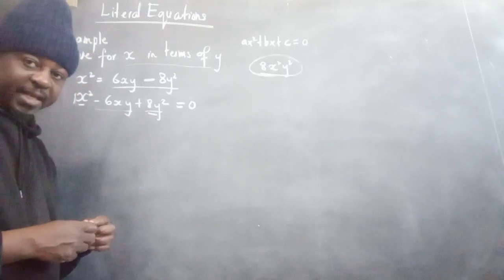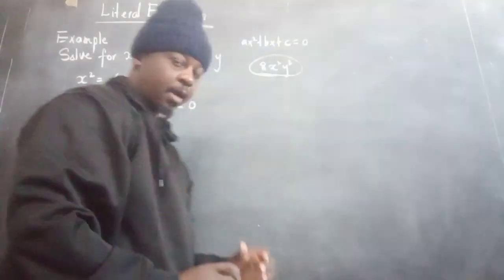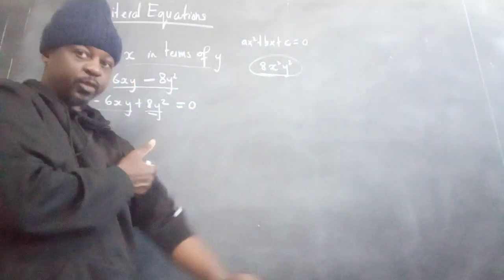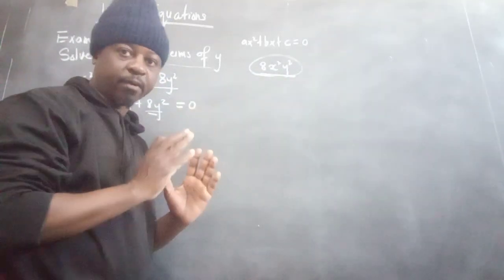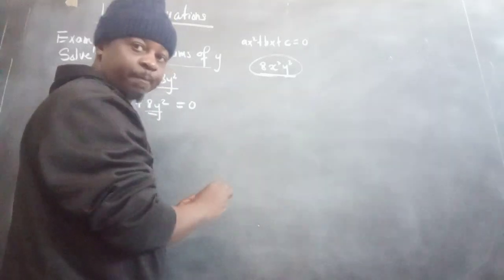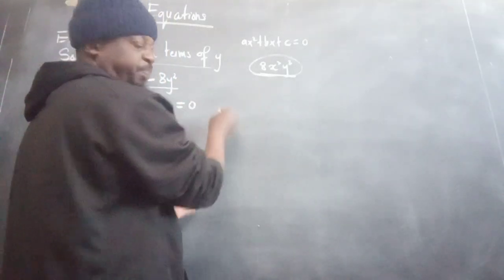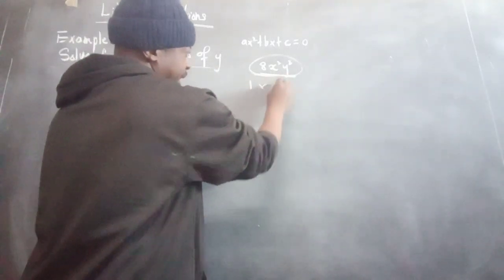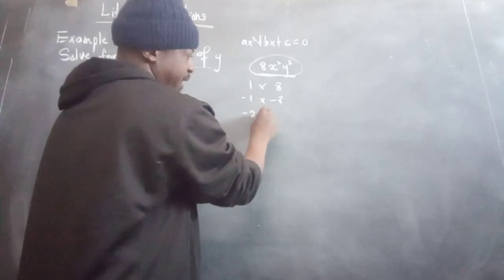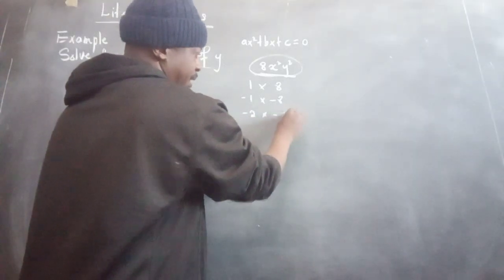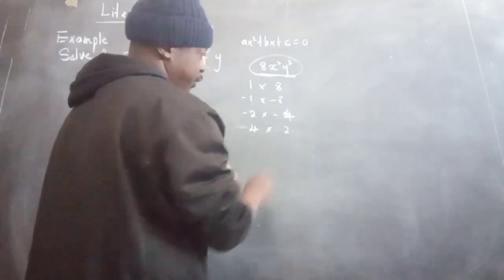So the factors of 8 are, okay, we are saying that we need to find the factors of this expression here. Particularly, we focus our attention on the 8, and we can list 1 times 8, minus 1 times minus 8, minus 2 times minus 4, and 2 times 4.